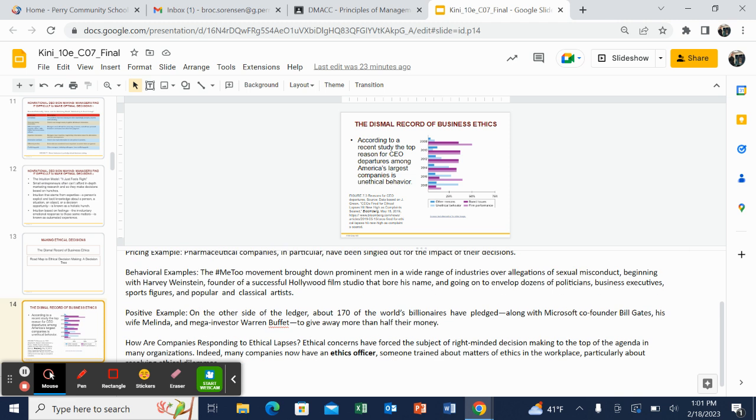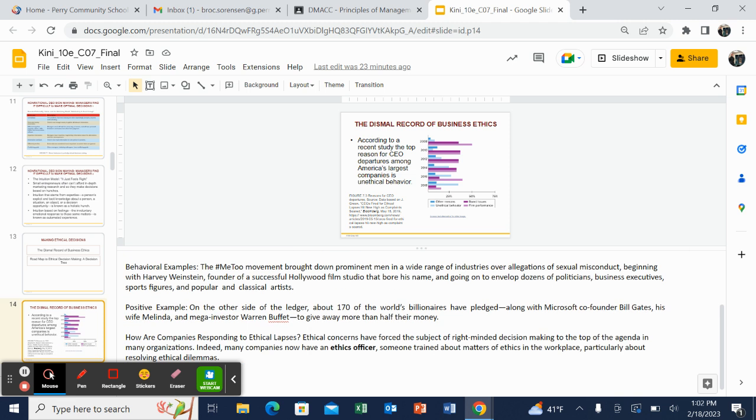So some different examples in your book. I encourage you to look at some of those different examples of ethical lapses. So pharmaceuticals pricing, that's always a hot button issue with the pricing of potentially life-saving prescription meds.